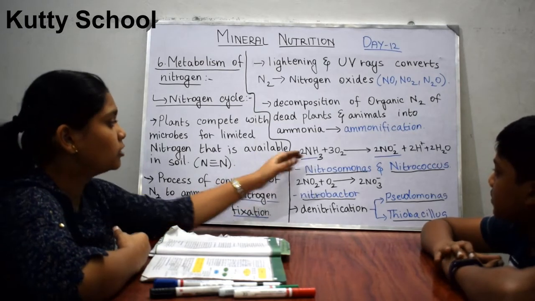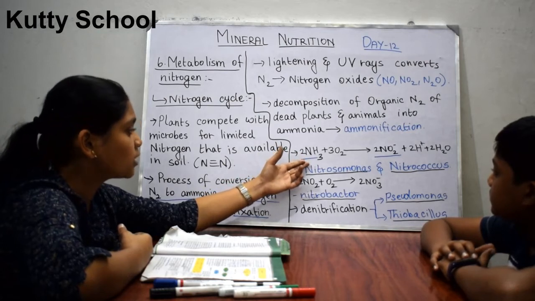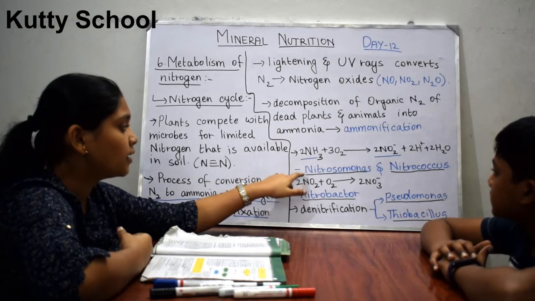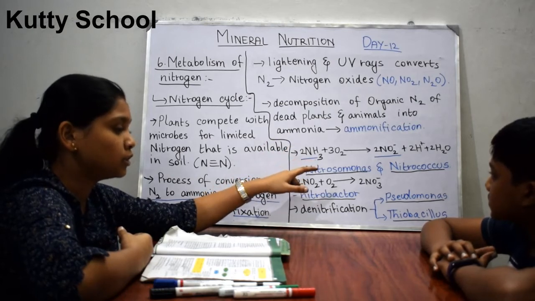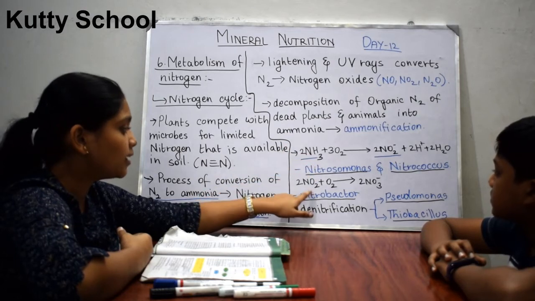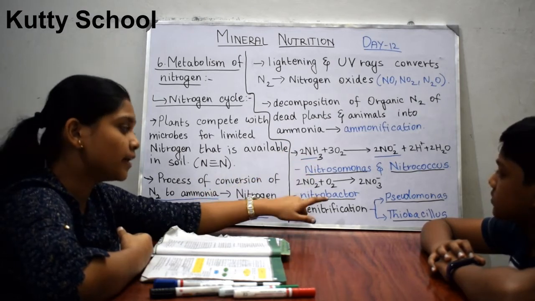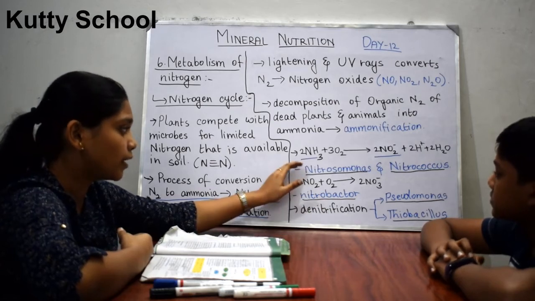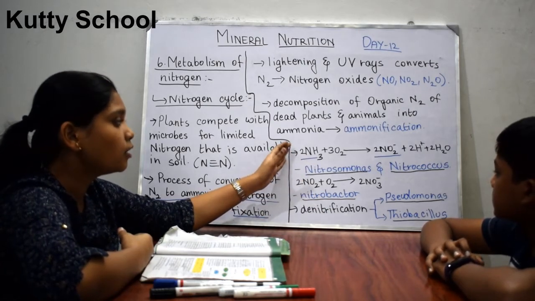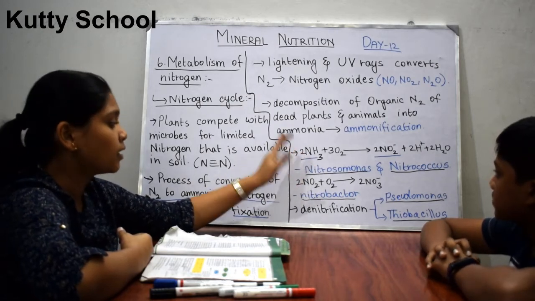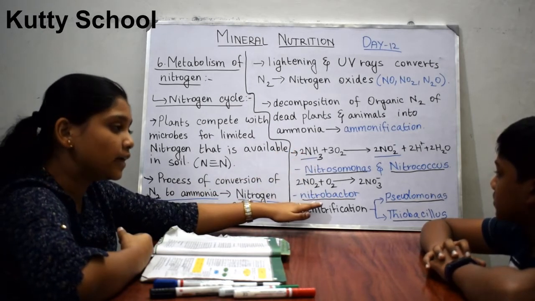So this ammonia, NH3, is first converted into nitrites by the bacteria Nitrosomonas and Nitrococcus, which are present in the soil. Then these nitrites are converted to nitrates by the microbe Nitrobacter.